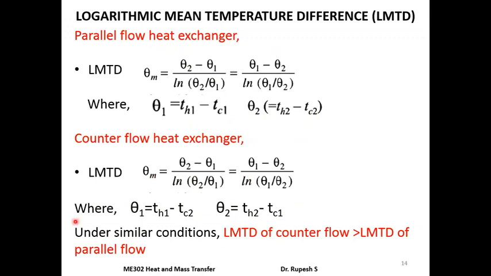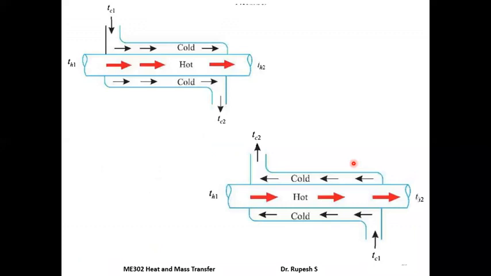So under similar conditions, if we calculate the LMTD for parallel and counterflow heat exchangers, always the LMTD of a counterflow heat exchanger will be greater than that of a parallel flow heat exchanger. Under similar conditions means, consider this heat exchanger, it's a parallel flow heat exchanger. You can convert this heat exchanger into a counterflow heat exchanger by reversing the direction of cold fluid.